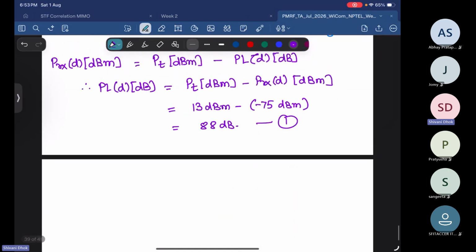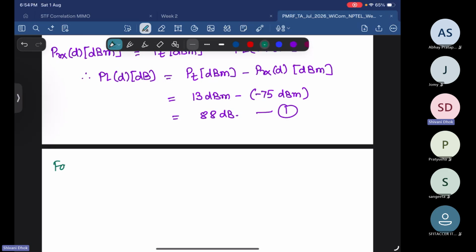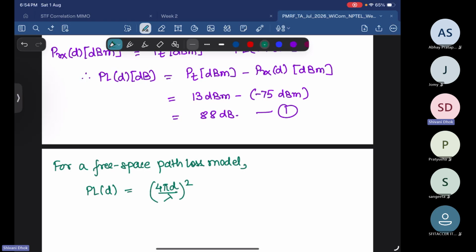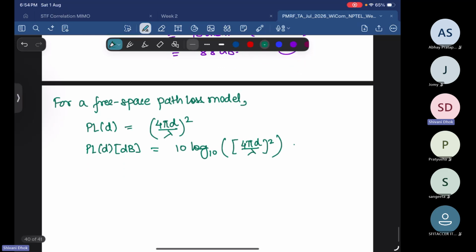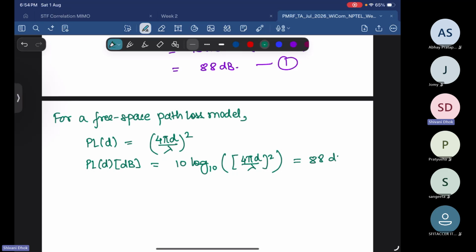Now, what is the standard equation for a free space path loss model? So for a free space path loss model, path loss at distance d is given by (4 pi d by lambda) whole square, and that in dB scale is 10 log to the base 10 of (4 pi d by lambda) whole square, and this quantity is equal to 88 dB.